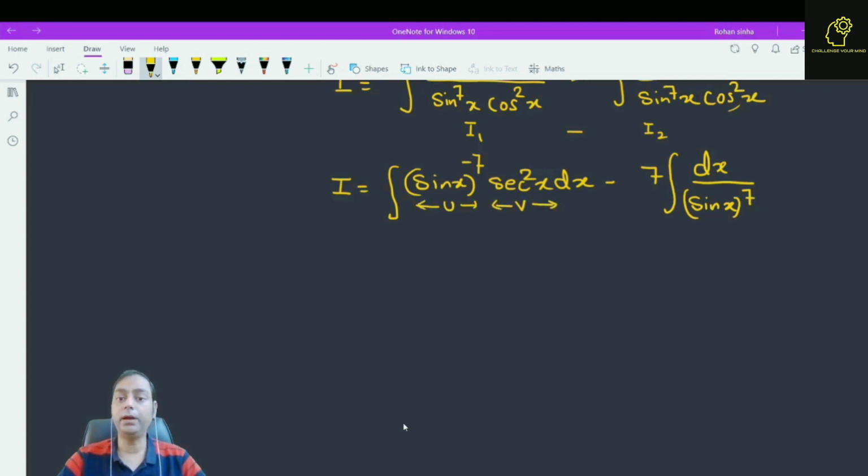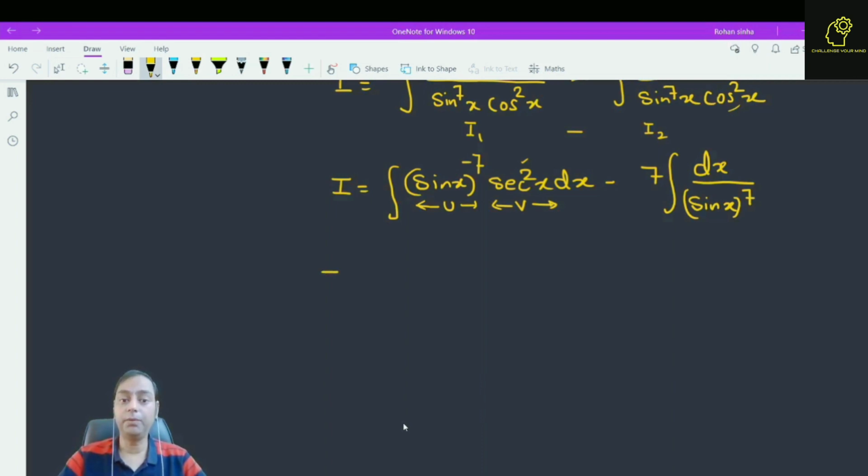Now both functions are trigonometric here. Now what I find: we can integrate sec square x easily, but sin x raised to minus 7 can't be integrated easily. So take sec square x as v and (sin x) raised to minus 7 as u.